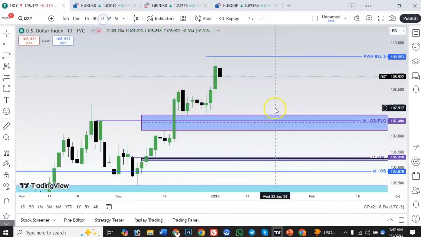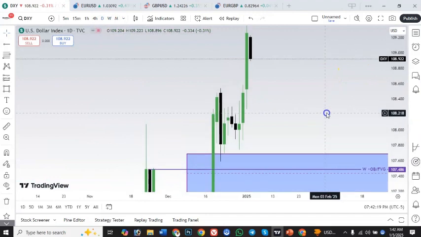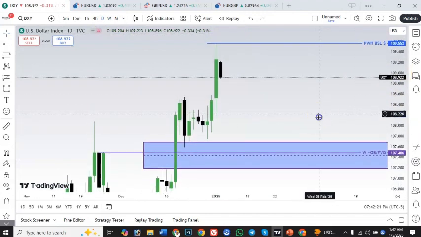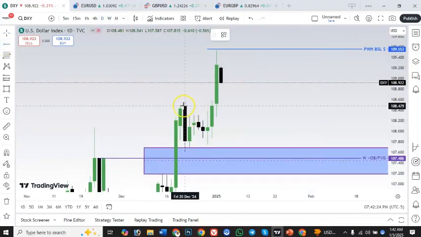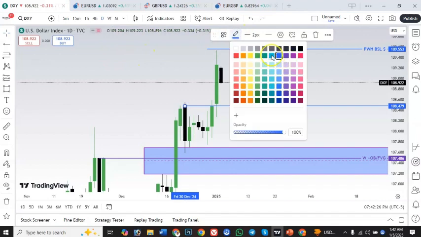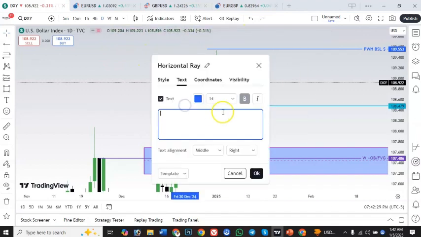Let's go to the daily chart. Now, what can you see on this daily chart right now? This is a daily order block, daily OB.